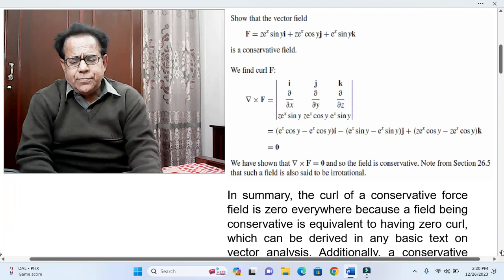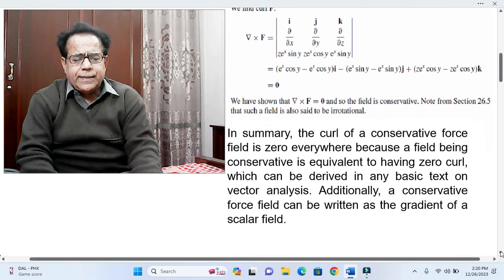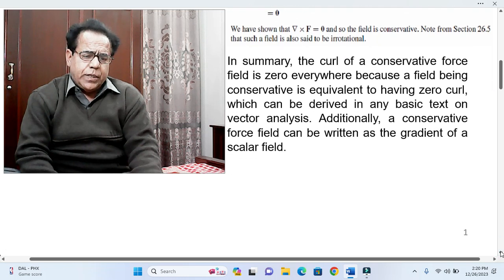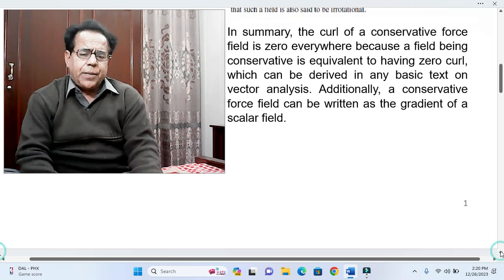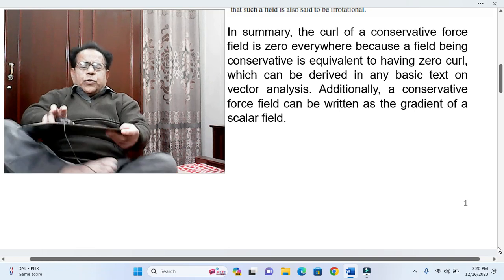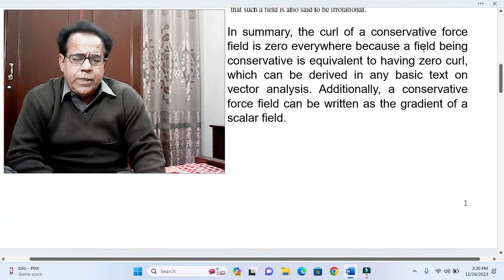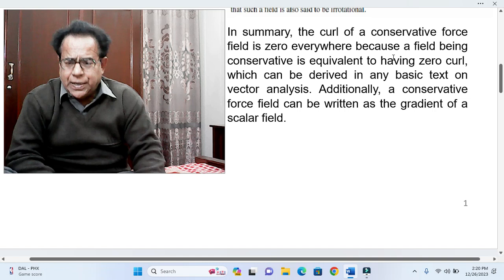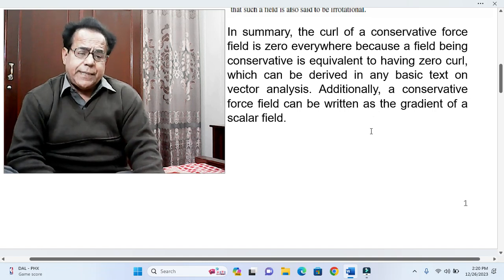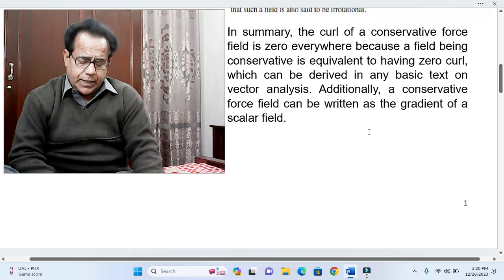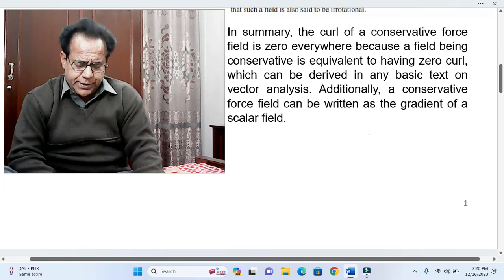Next, we once again read something about conservative field or conservative force. This portion has been taken from Wikipedia, and it explains the fact that curl must be 0 in order to prove a field or force conservative.